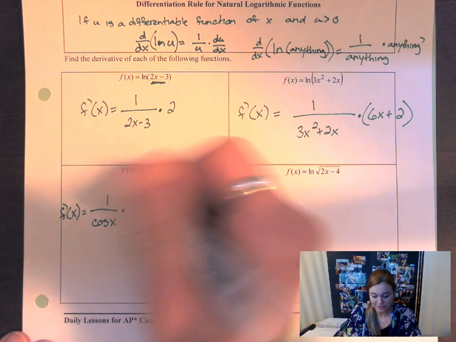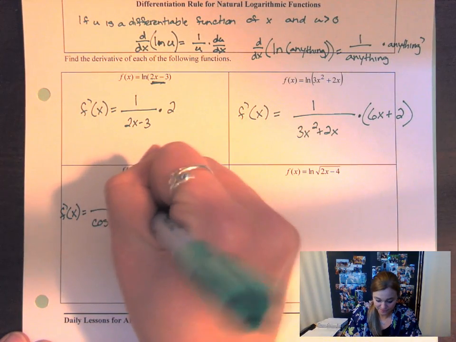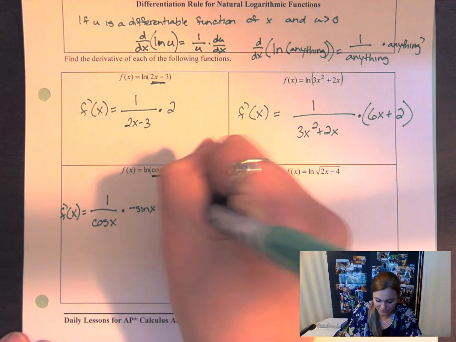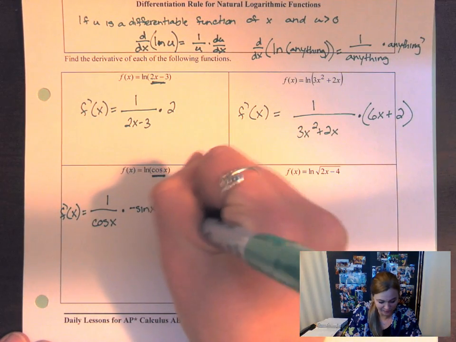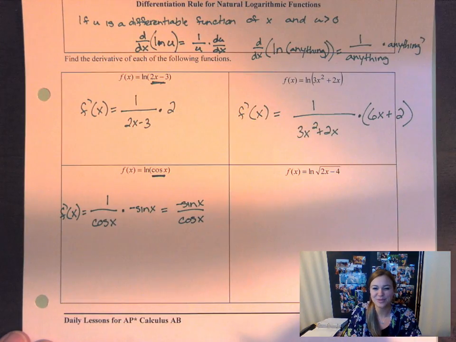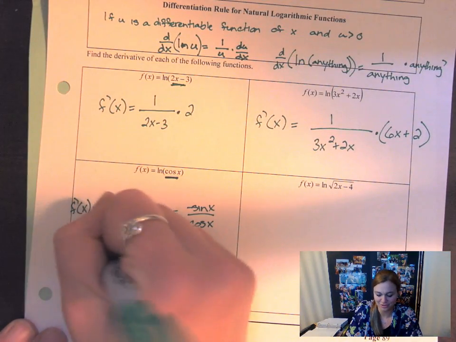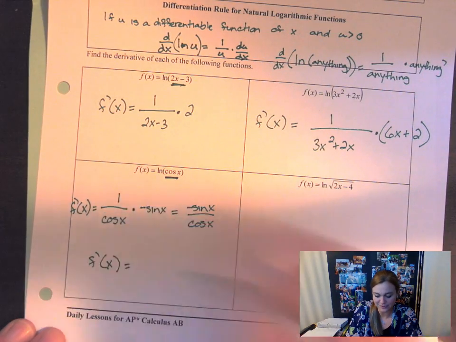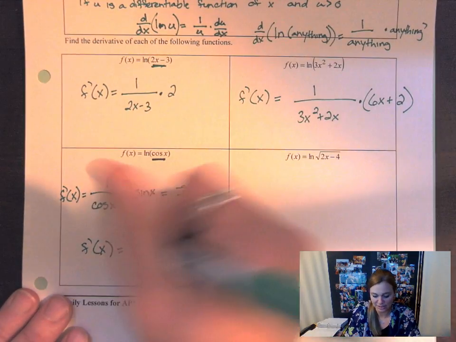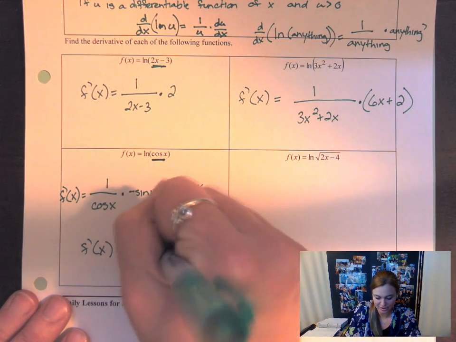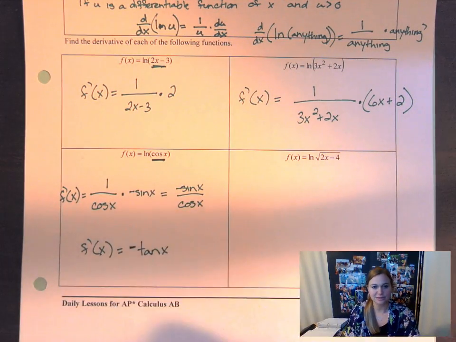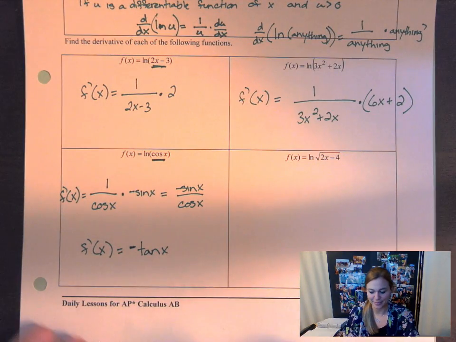The derivative of cosine is negative sine, which if I wrote negative sine of x over cosine of x, this one really seems like I just should simplify. Negative sine over cosine, or sine over cosine, is just tangent of x. Negative because negative divided by positive is negative.